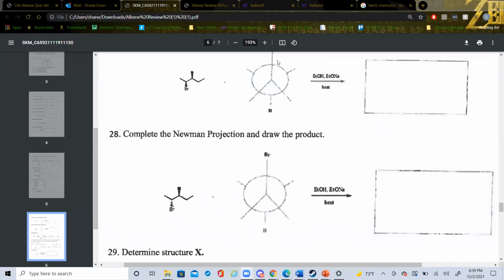Over here in 28, the same thing occurs, except now the bromine's going up, this is going down, and we're going to swap some things. Still eyeballs here. Ethyl is still this way. But now the methyl is going to interact with this. Right, methyl over here. And the methyls are going to be over here with the hydrogen kind of right here as well.